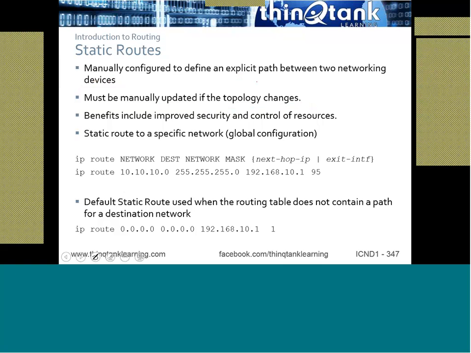Now, they say here it benefits us by improved security and control of resources. Let's talk about the second part first, control of resources. Why do static routes require fewer resources? When I'm working with dynamic routes, what has to happen? Let's say we're all routers connected to the same network.